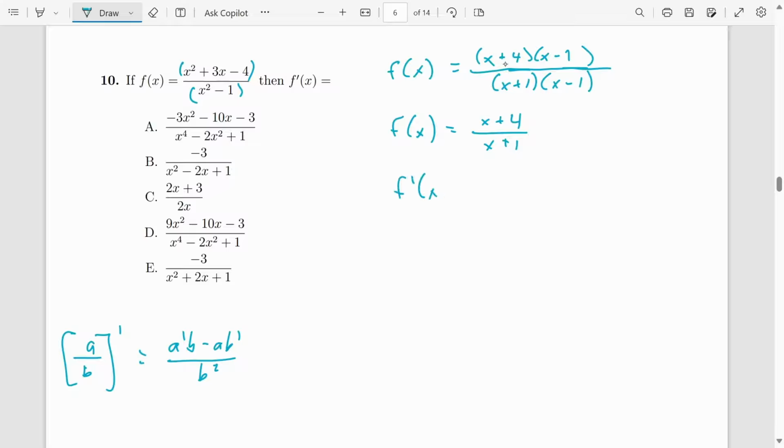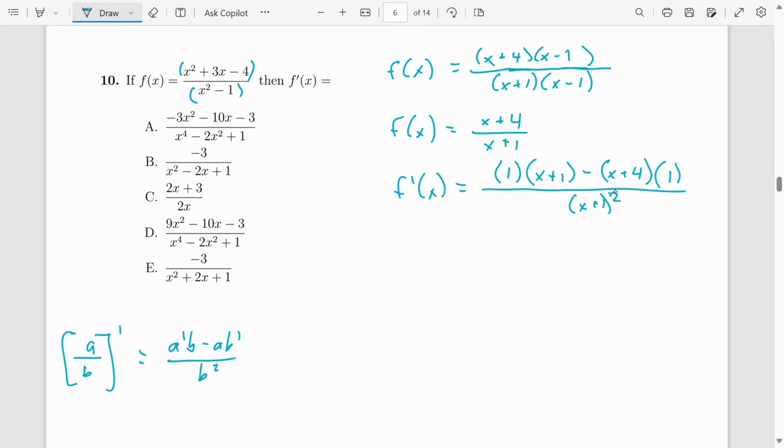So f prime of x equals a prime, which is the derivative of x plus 4. That's going to be 1. Times b, which is x plus 1, minus a, which is x plus 4, times b prime. That's the derivative of x plus 1, which is 1. This is all over b squared, which is x plus 1 squared.